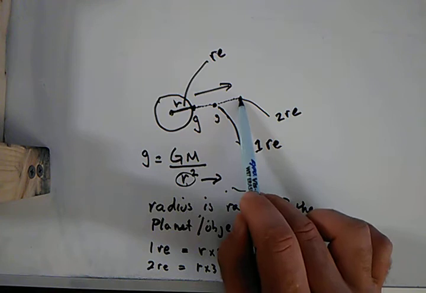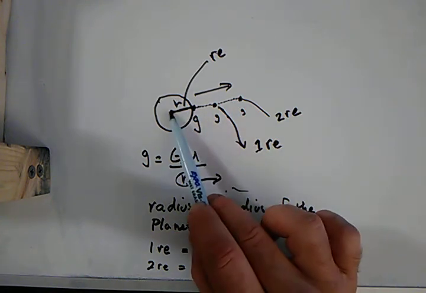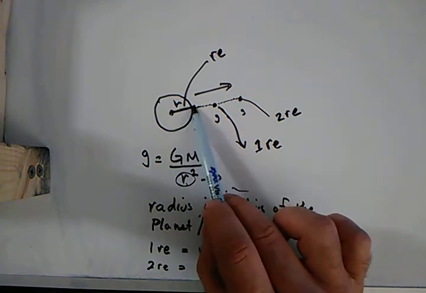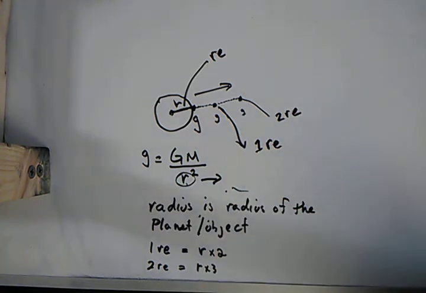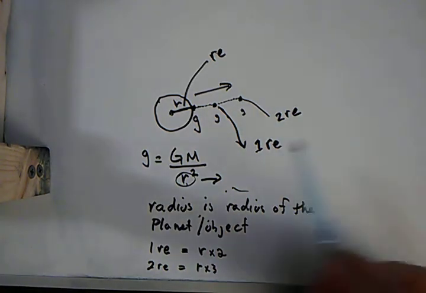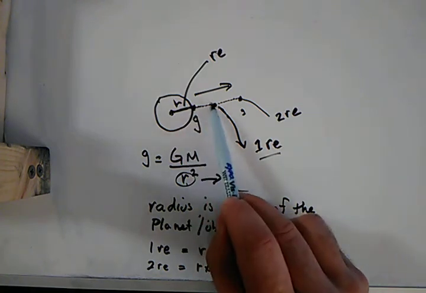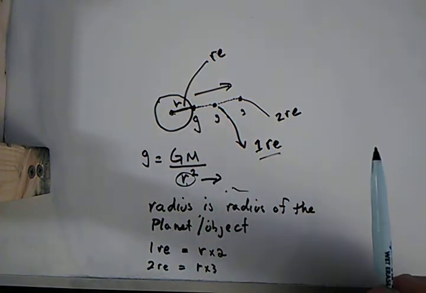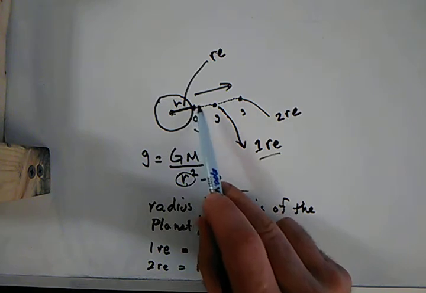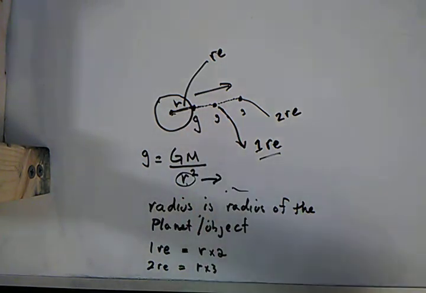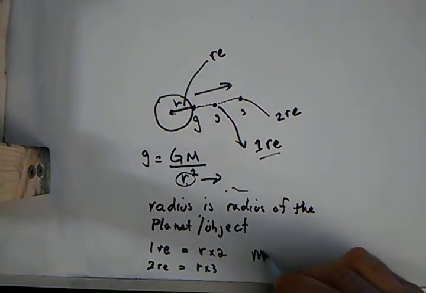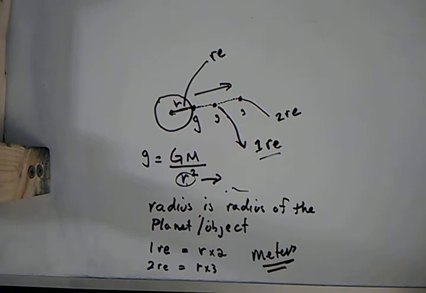If I say I'm 2 RE above the Earth, that means I've got a total of 1, 2, 3 radii to consider. If I'm 1 RE above the Earth, I have 2 radii to consider. If I'm on the surface of the Earth, I have the Earth's radius to consider. The radius is measured in meters, so you're always going to keep that radius in meters.